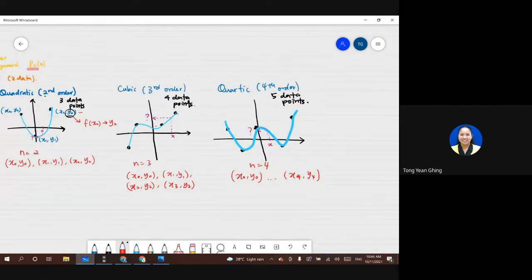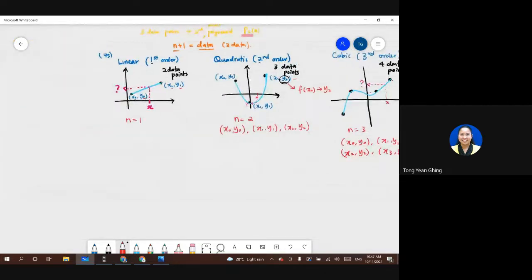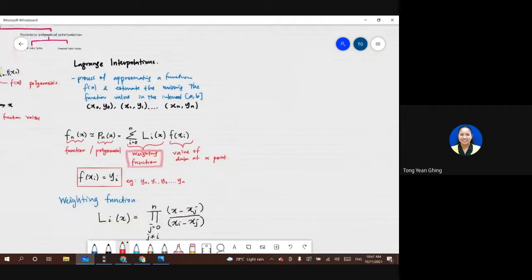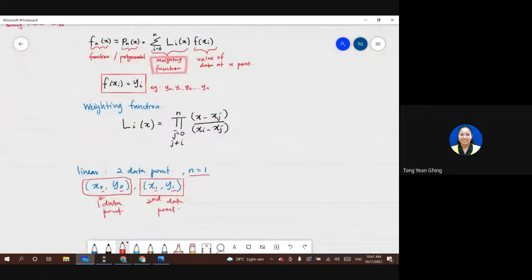So if we want to do the polynomials, we go back to this one. Based on how many n you have, you then multiply the functions.